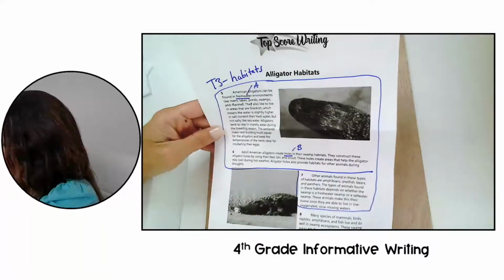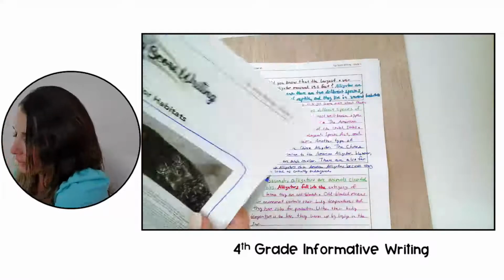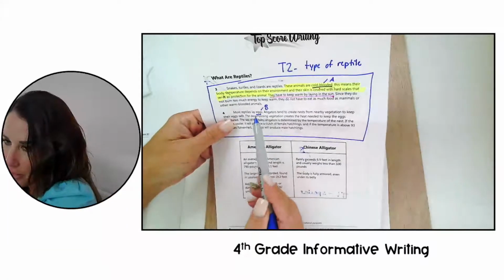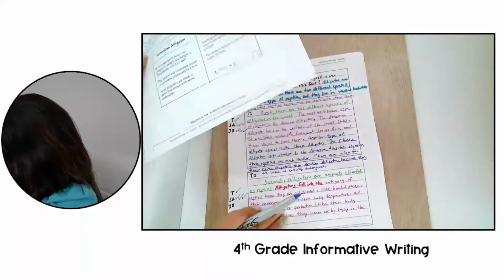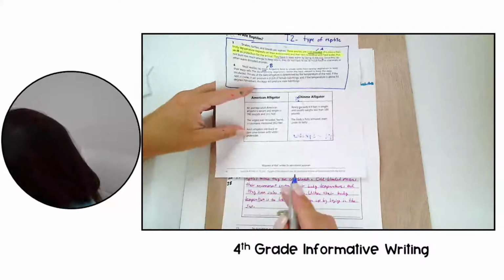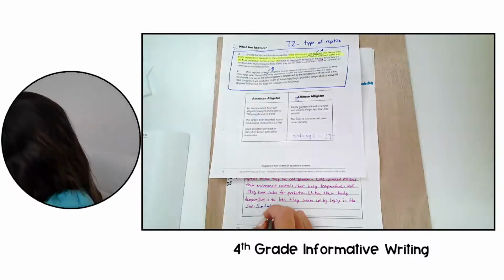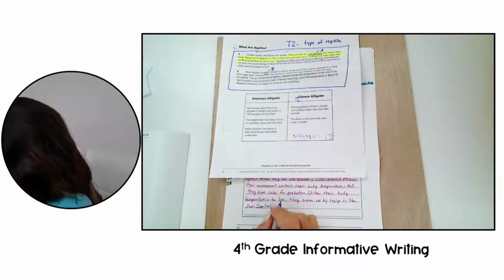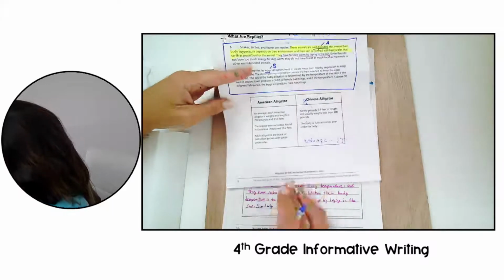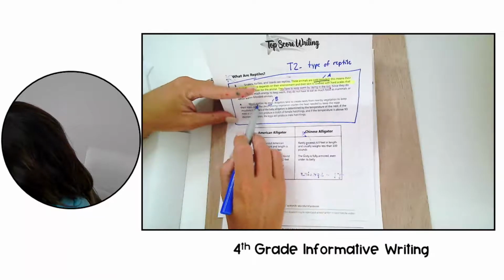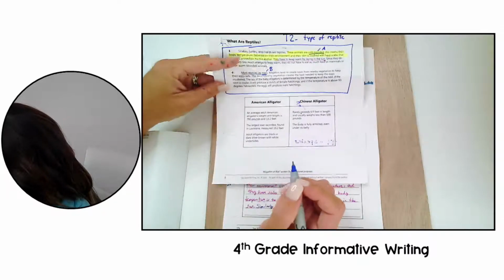I know exactly where I'm going to find information about the T2, which is how they lay eggs, right here. See the B? Similarly, and I'm going to take this right up here where it says most reptiles lay eggs.